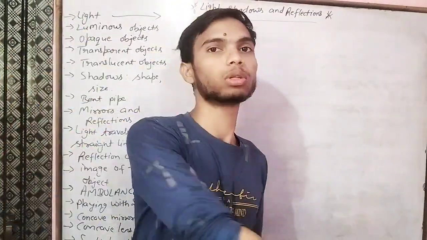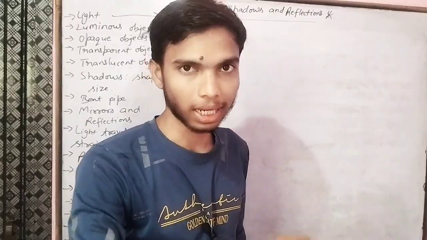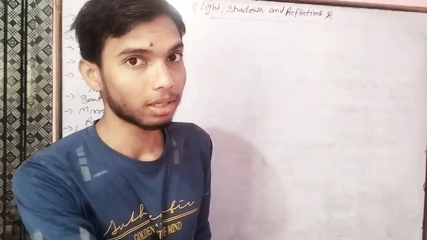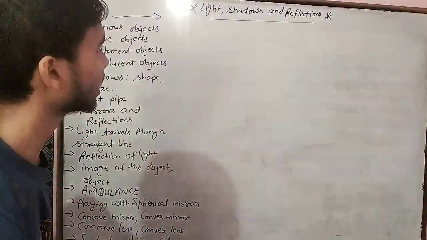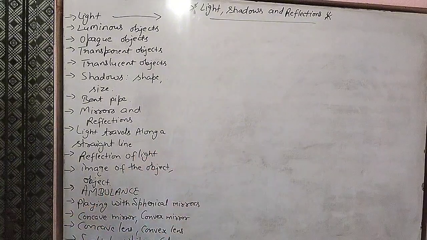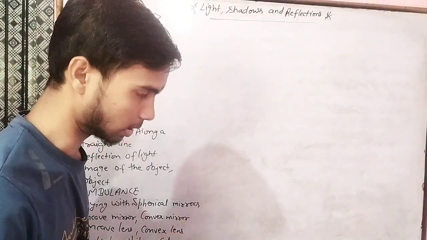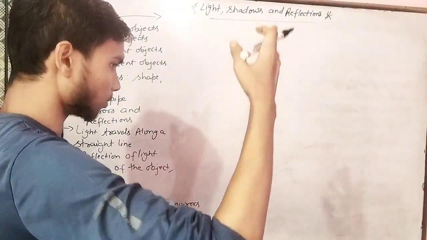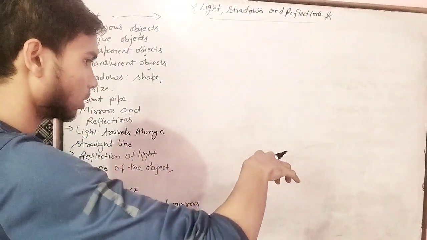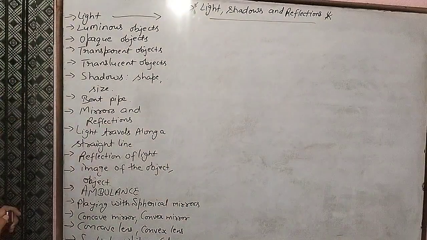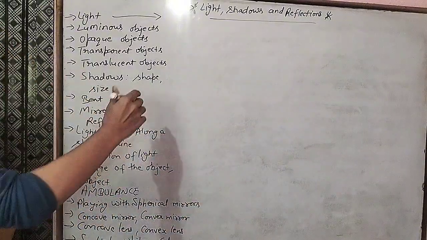Light falls on the object, then our eyes can see the object. Again and again I am saying only this sentence: our eyes will be able to see the objects when light coming from the source light falls on the objects. Then it will be possible to see the objects.